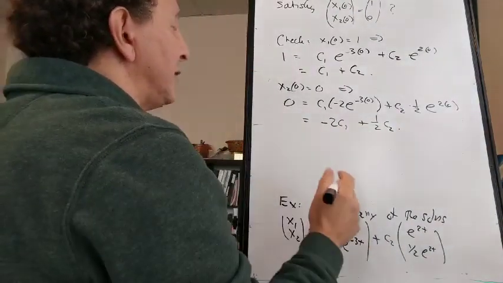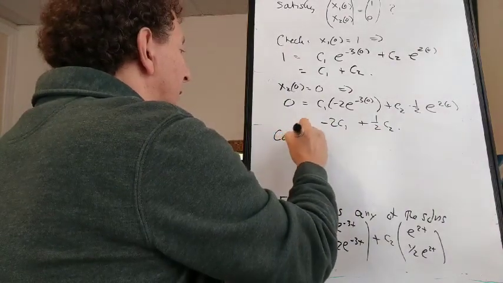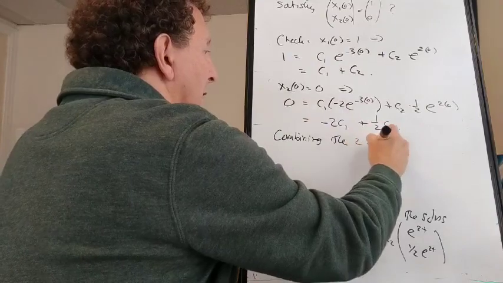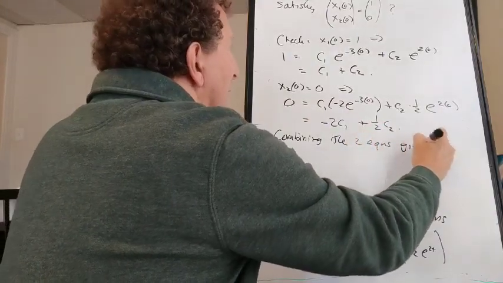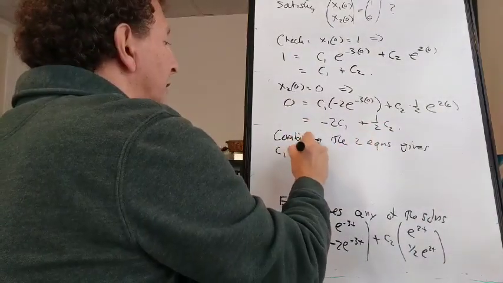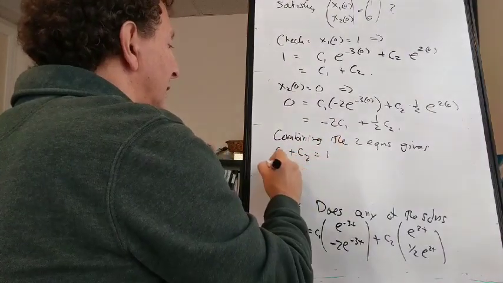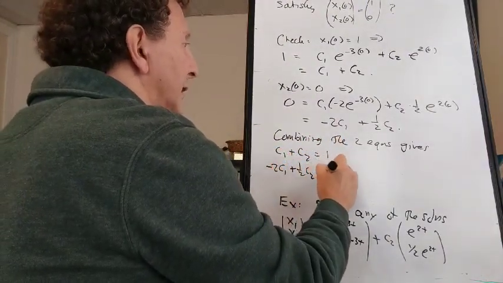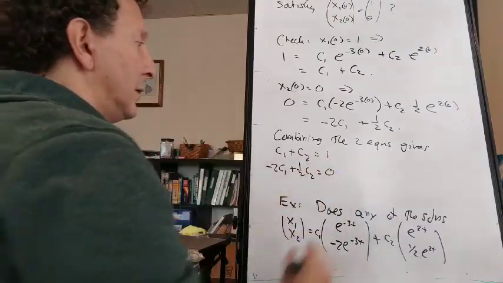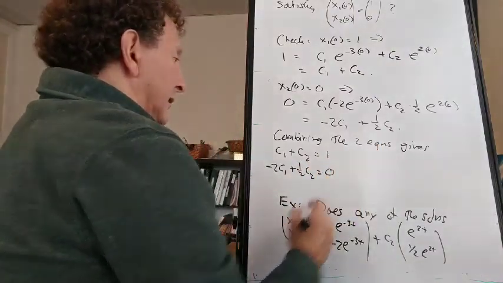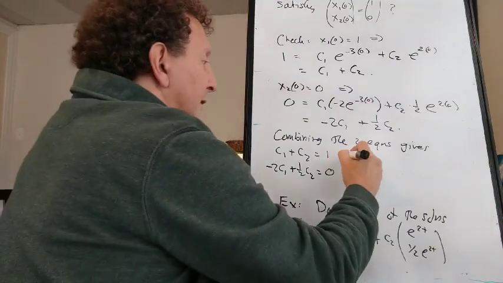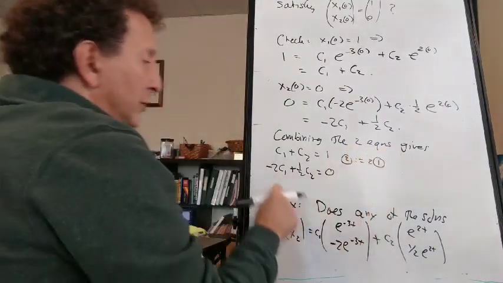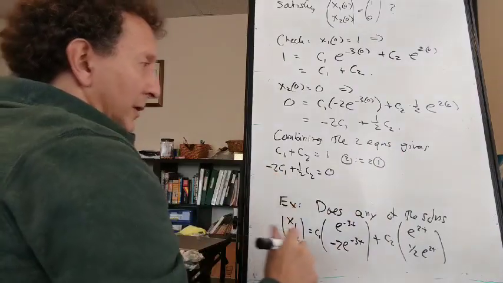Alright, so if we combine these two equations, it gives c1 plus c2 equals 1, negative 2c1 plus half c2 equals 0. And let's add 2 times row 1 to row 2 to get rid of the negative 2c1 here.